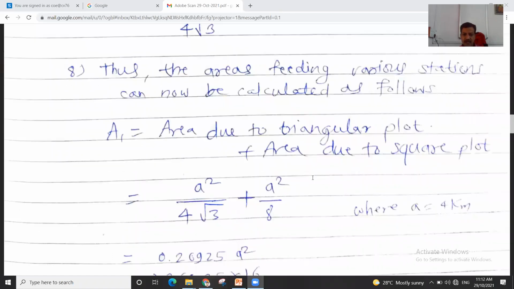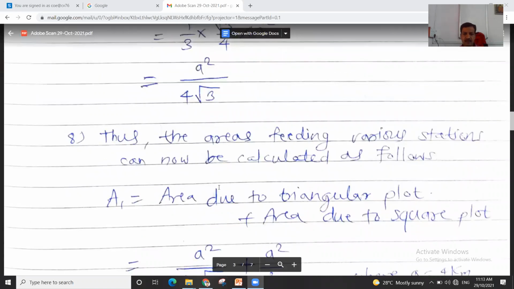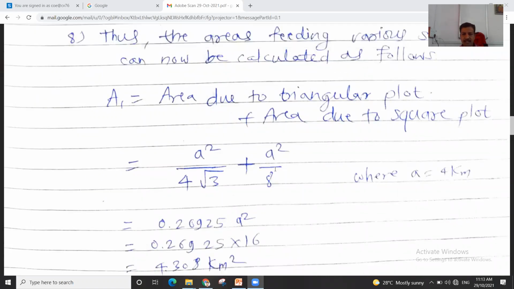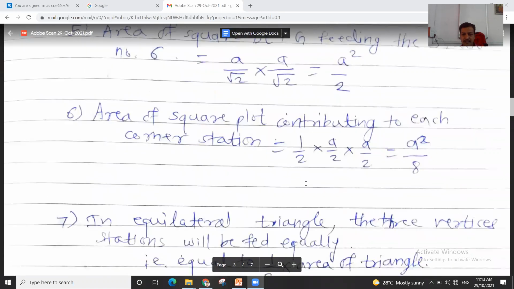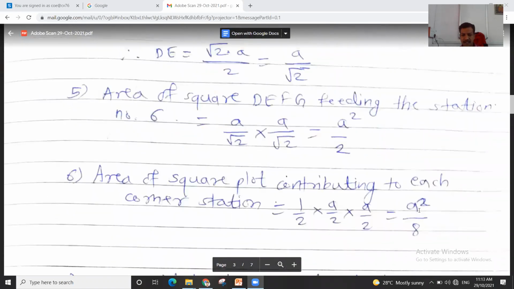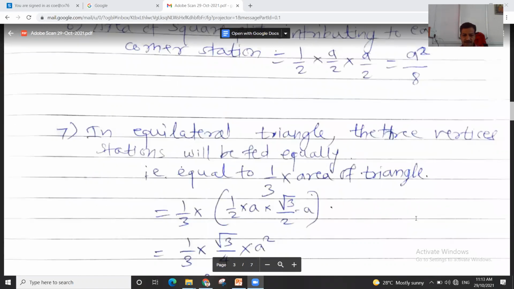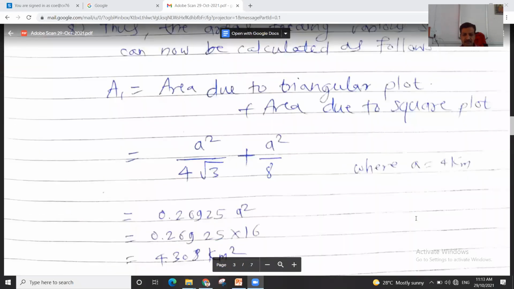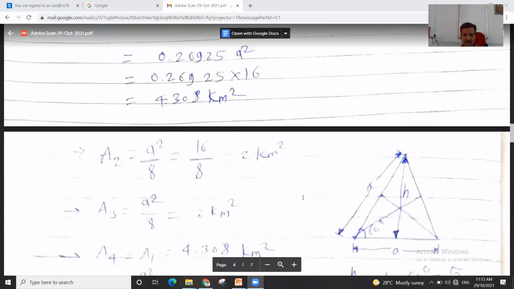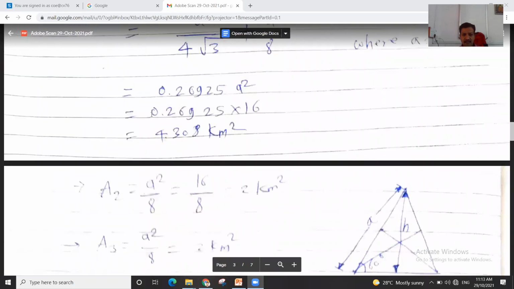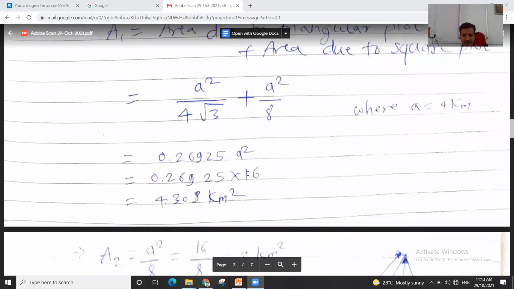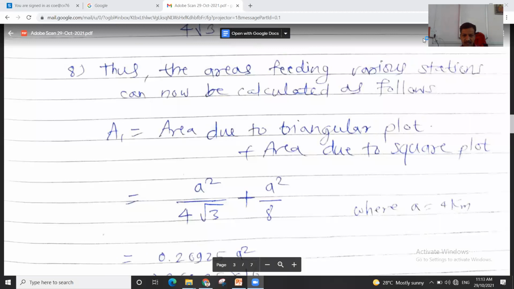Okay, area of triangular plot is a² / 4 into √3 plus a² / 8, एरिया काढलेला आहे a² / 8. a² / 8 plus a² / 4 √3, ट्रायंगुलर प्लॉट आणि स्क्वेअर प्लॉट दोन्हीचे ऍडिशन केलेले.